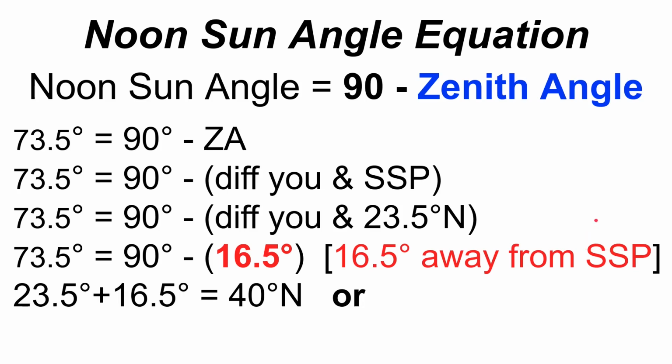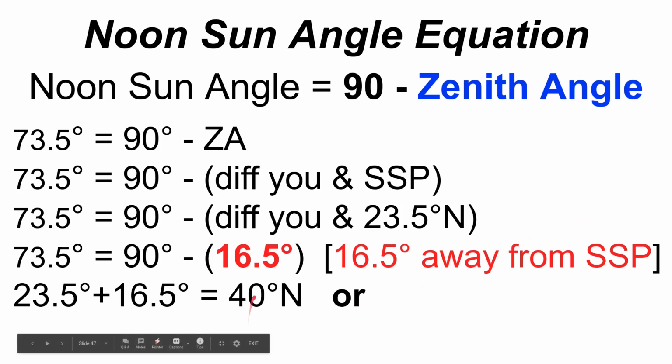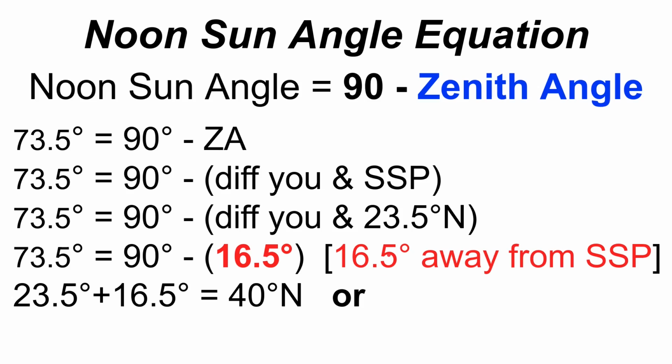So there's 2 solutions, right? We could either be at 40 degrees north, because that's 16.5 degrees away from the subsolar point going one way, going north, and then going south, because it's an add or subtract.